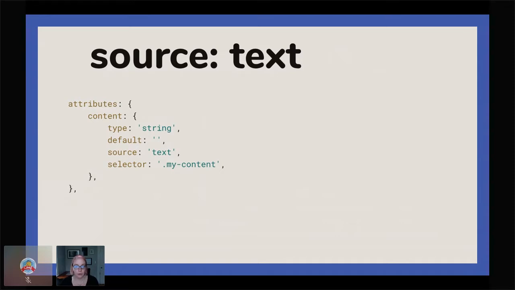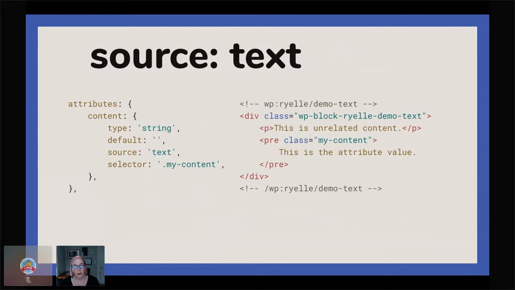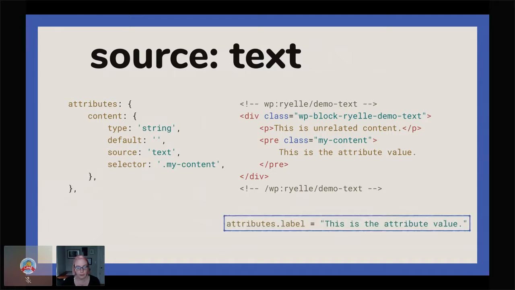The parser knows how to handle that. And so you can set up more complicated HTML output and still break your data down into manageable pieces. So in this case, the attribute content is going to pull out of this pre tag because it's got that my-content class on it. So we'll see that label, mistake in my slides. That should be attributes.content equals, this is the attribute value.